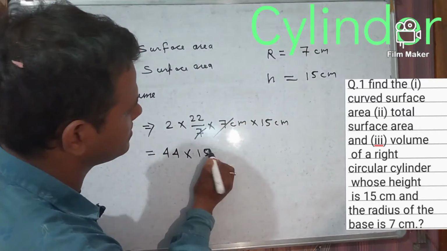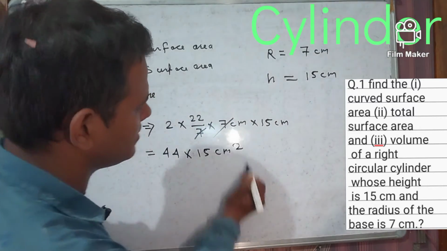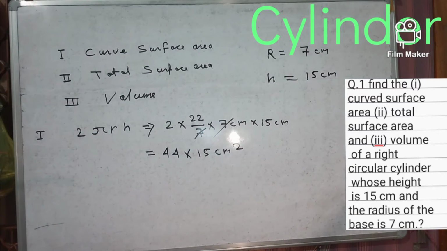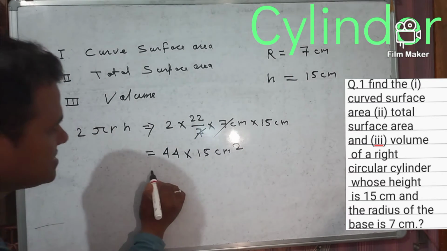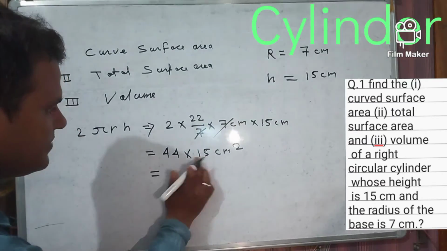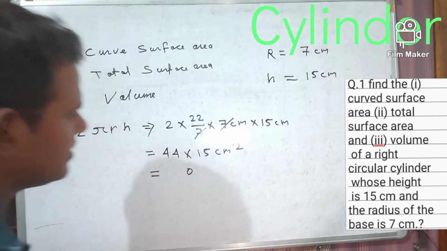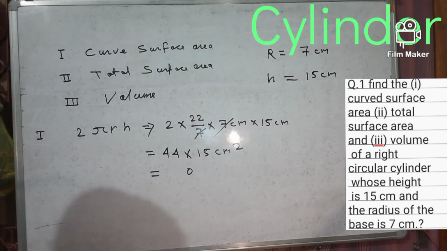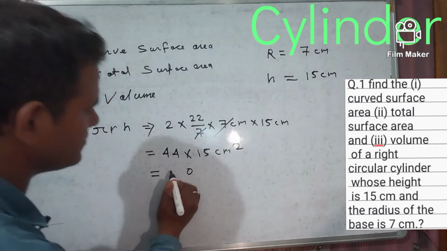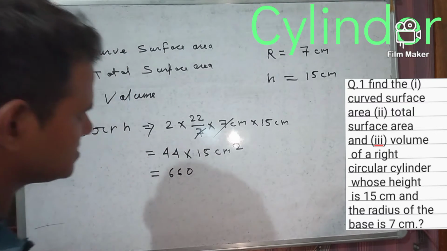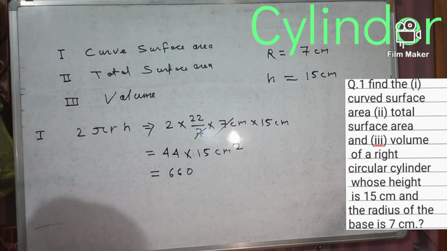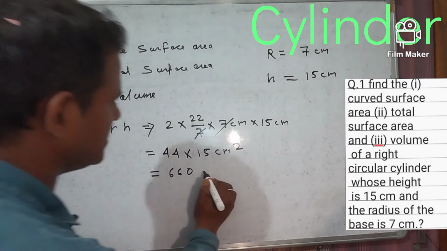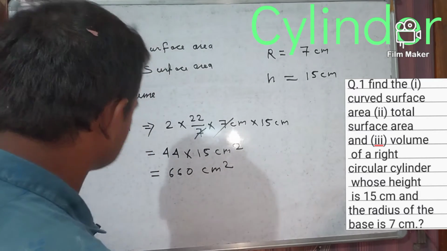44 into 15 centimeter square. So curved surface area will be 15 fours are 60, and 15 fours are 60 plus 6 will be 660 centimeter square.